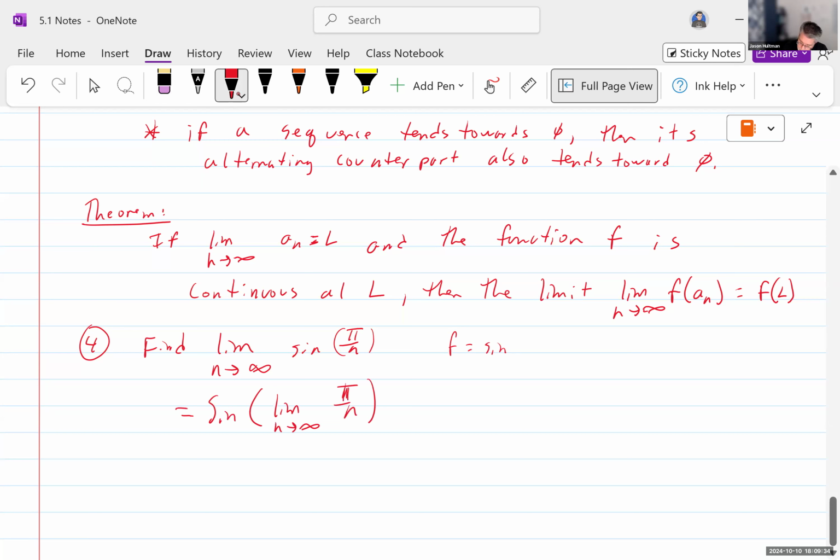Now this is a little easier to evaluate because it doesn't involve the sine function. This thing goes to 0, so the sine of 0 is 0.